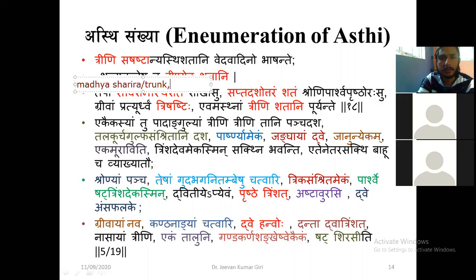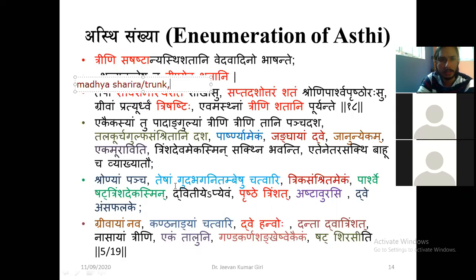These 5 bones: Guda Bhaga Nitambesu Chatvari, so in Guda, Bhaga and Nitamba there are 4 bones. Just write these same words, okay? Guda Bhaga Nitamba. Don't write the English names, just copy this Devanagari lipi for Ayurveda. So there are 4 bones in Guda Bhaga Nitamba.